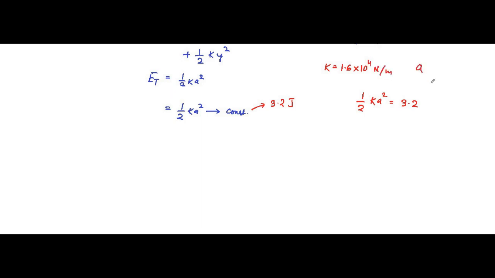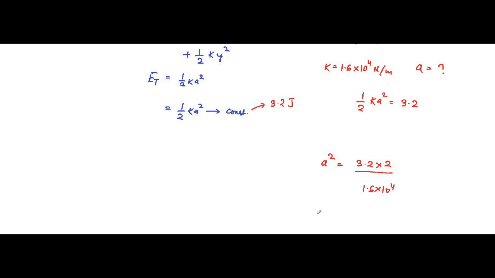The amplitude of the oscillation is unknown, as we have to calculate it. So A² will be equal to 3.2 × 2 by k, which is 1.6 × 10^4.